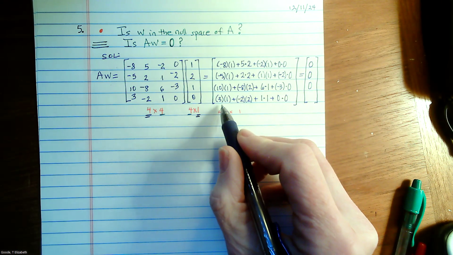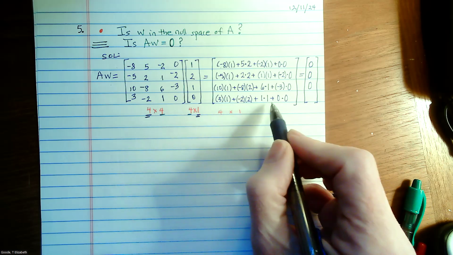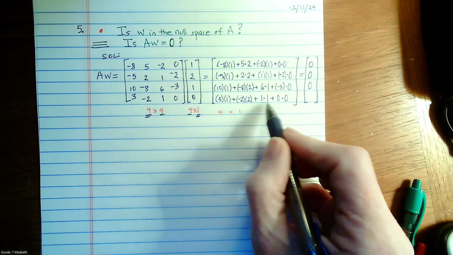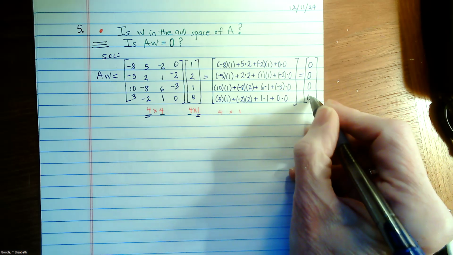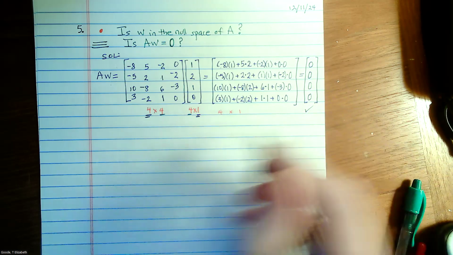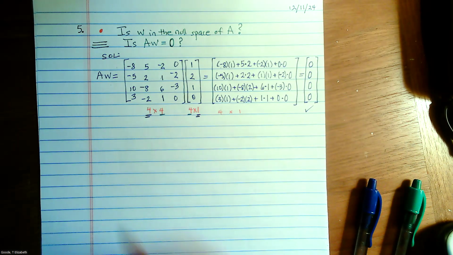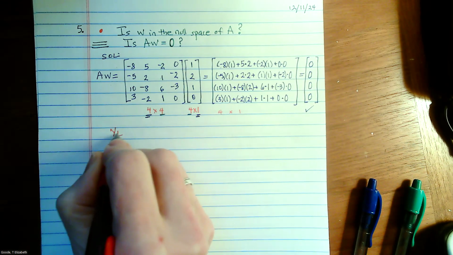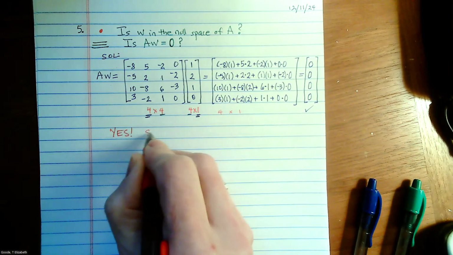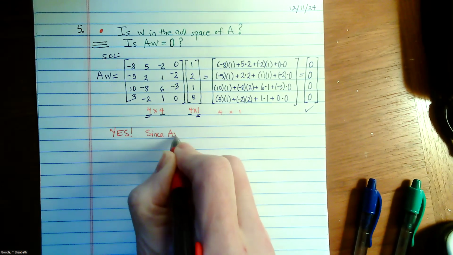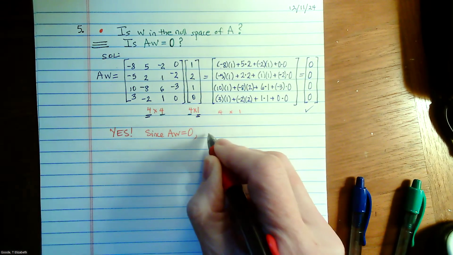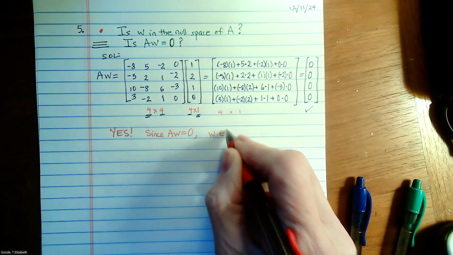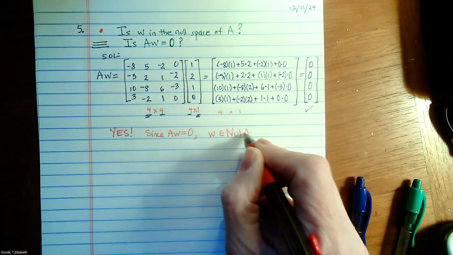Yeah, 3 times 1 is 3, -4, 1 times 1 is 4. So the answer is yes. Since AW equals 0, W is an element of the null space of A.